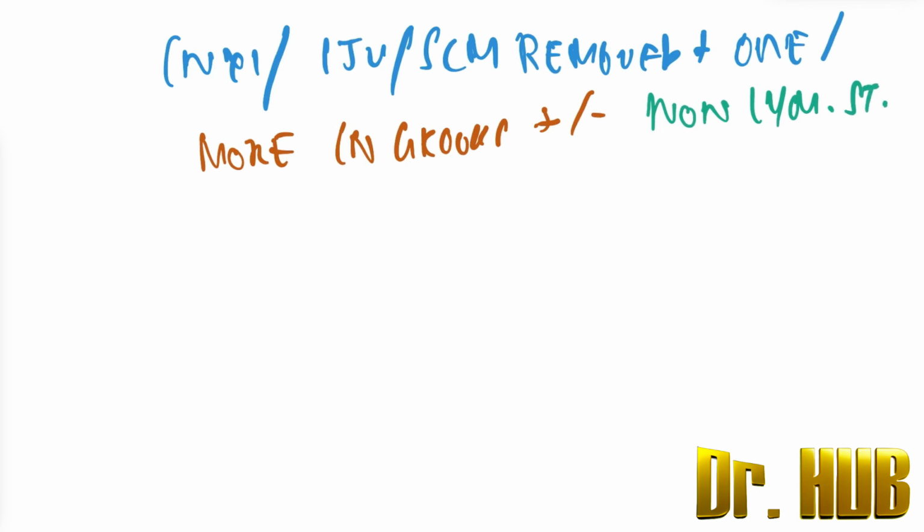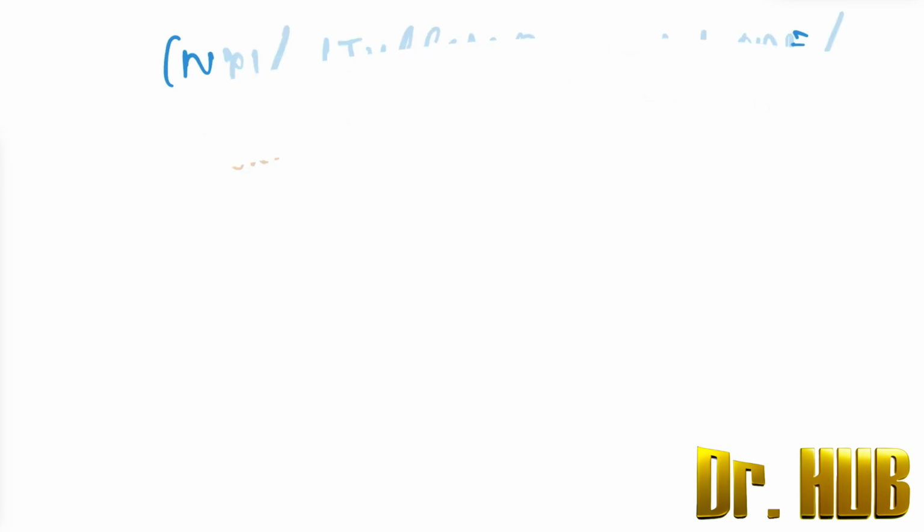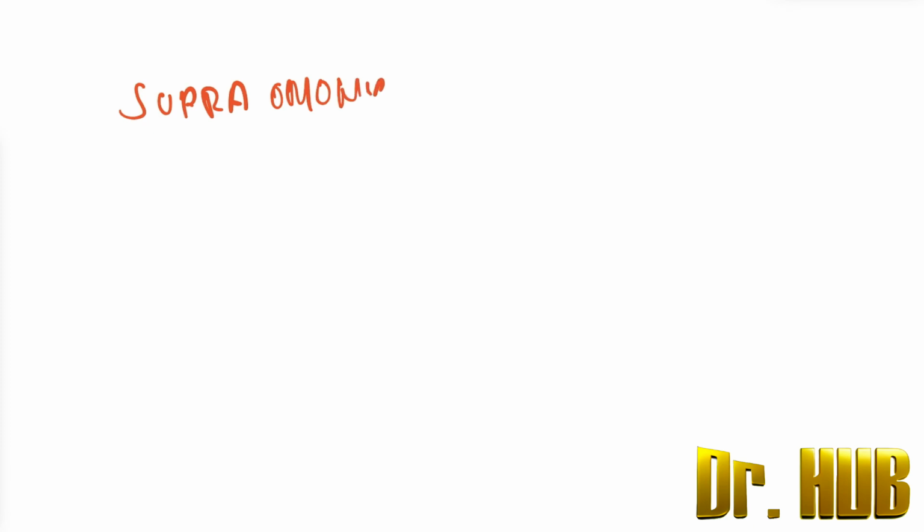Next, let's look at some selective neck dissections, SNDs. First the supraomohyoid: the lymph nodes removed are 1 to 3, and the primary cancer is in the oral cavity.